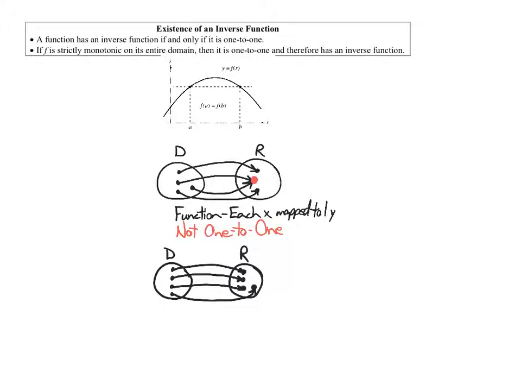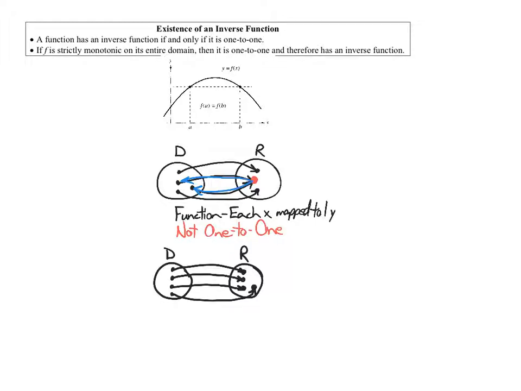Every value in the range only is the result of one value in the domain. And if you think about it, it makes sense because when you switch x and y, as we saw up in the warm-up, your domain and range also switch. So in this first example, if we all of a sudden started going the opposite direction, notice this would get mapped back to two different values, not a function. There's kind of an inverse relationship, but it wouldn't be an inverse function because this one got mapped back to two different values.